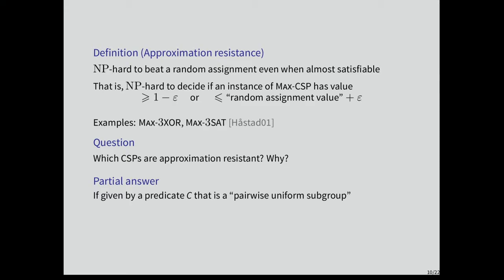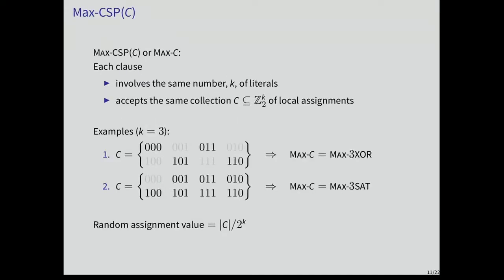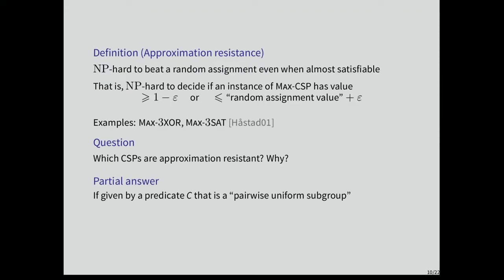This condition will make a CSP so hard to approximate that you cannot hope to have a non-trivial approximation algorithm to beat the random assignment. I'm going to give you a sketch of the proof of this result using the XOR technique I showed you earlier.